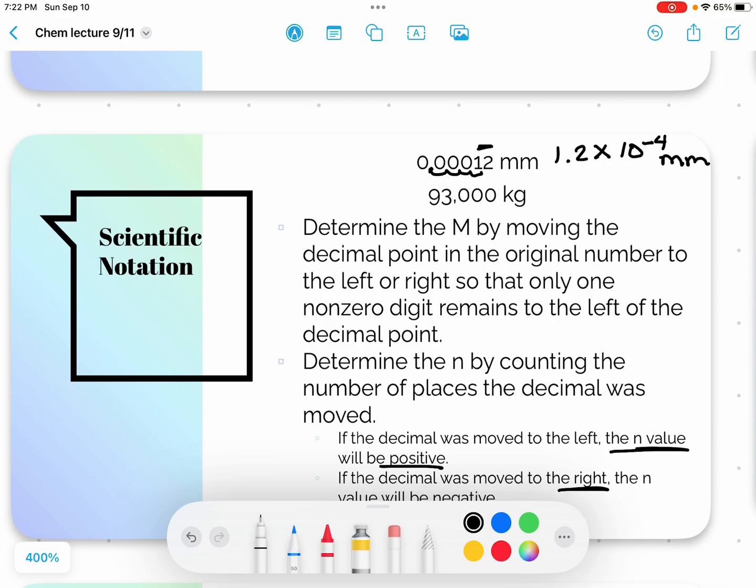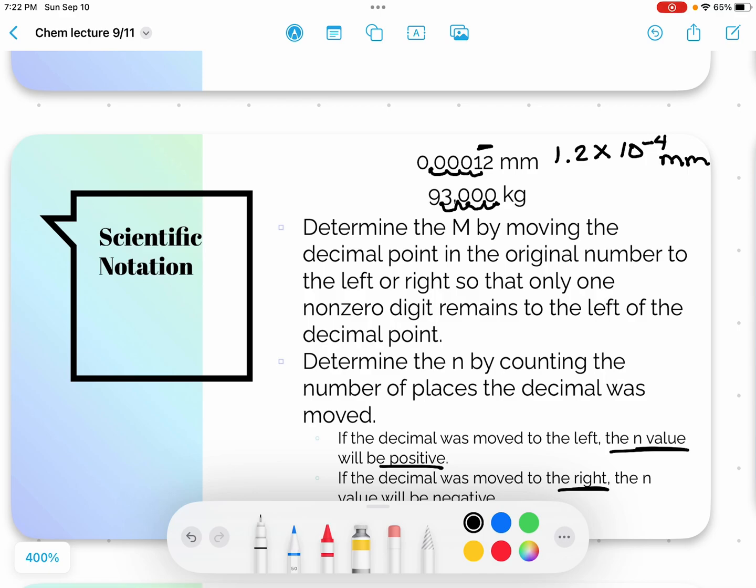Okay, now I do my 93,000 kilograms. My decimal is in the back here, and I'm going to move it till there's only one number in the front. So nope, not yet, not yet, and there. Only one digit in front. Now I'm going to write it out.